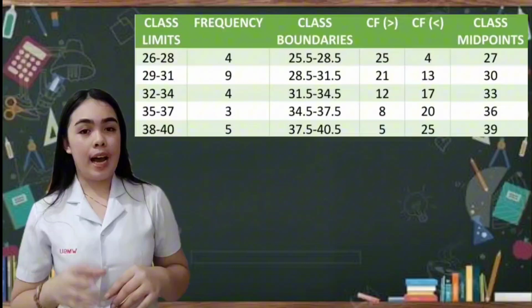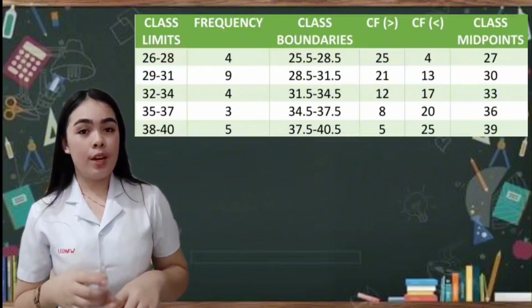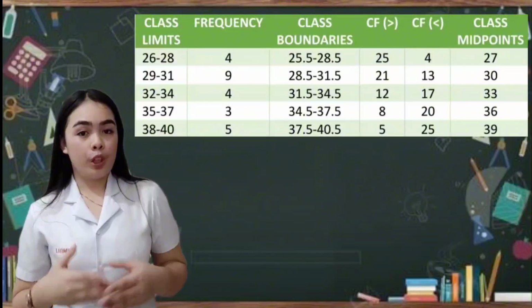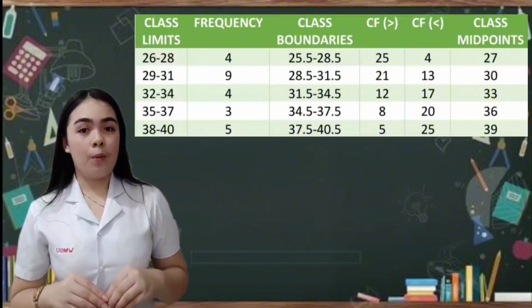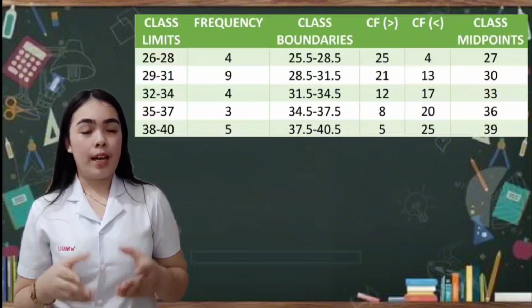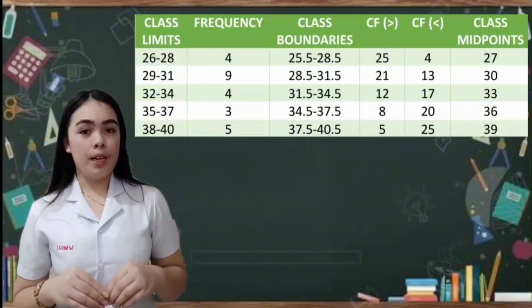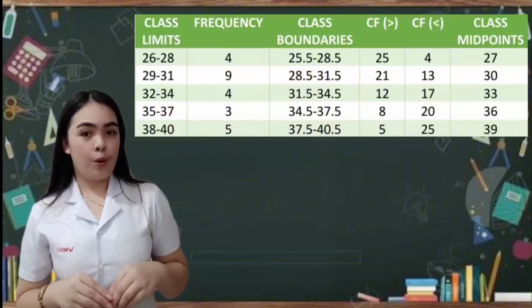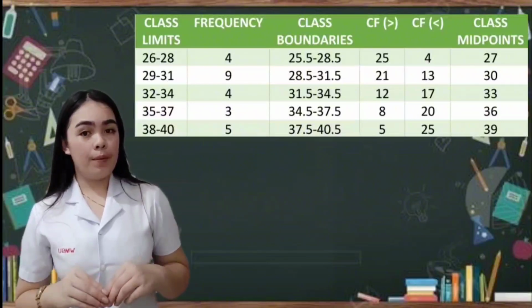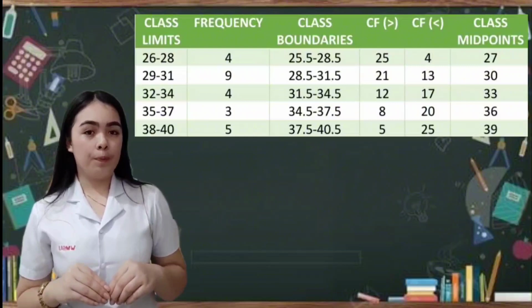So based on our data, our lower limits are 26, 29, 32, 35, and 38. Subtract 0.5 each, so 26 becomes 25.5, 29 becomes 28.5, 32 becomes 31.5, 35 becomes 34.5, and 38 minus 0.5 will become 37.5.